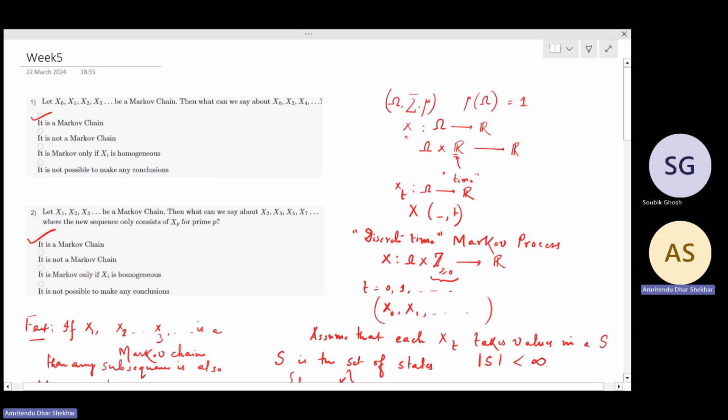Now, can you tell if they are homogeneous Markov chains? Are they homogeneous in both cases 1 and 2?